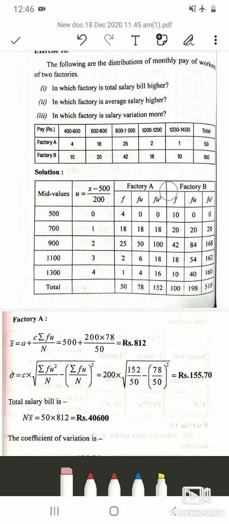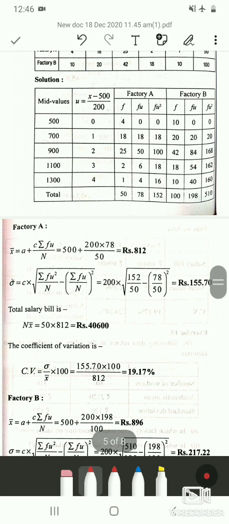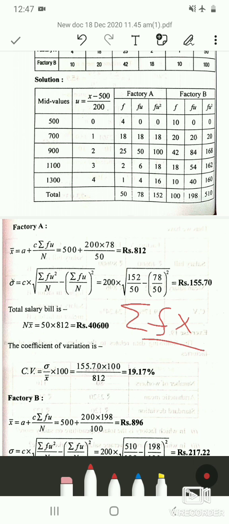So now it's time to substitute all the values in the formulas. So for the arithmetic mean, whenever you take the deviation method, the formula changes. Here x bar in the usual case was summation fx divided by capital N. In place of x, we are taking the step deviation, which is nothing but u.